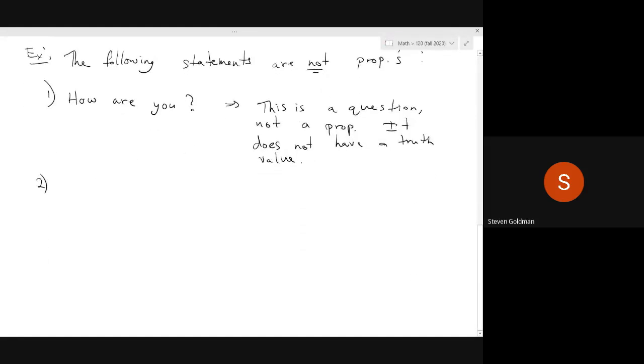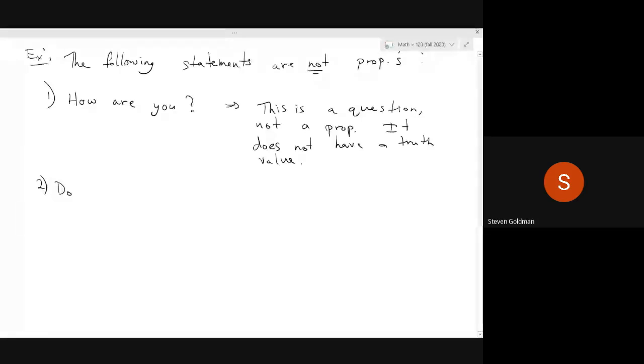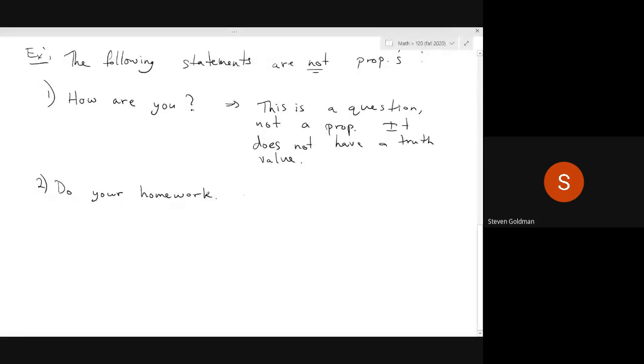Another example of a statement that's not a proposition would be a command. Commands are not declarative. They're not true. They don't have a truth value. So, for example, let's say I told you, do your homework. Okay. That statement is not declarative. I can't say about it that it's true or false. That's a command.